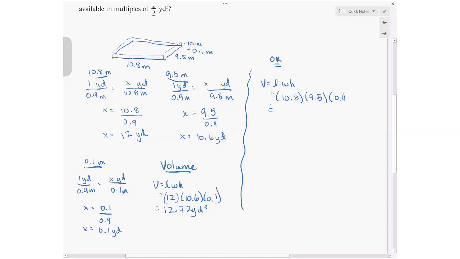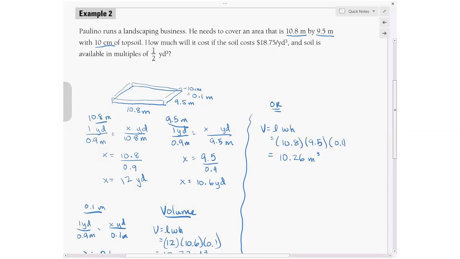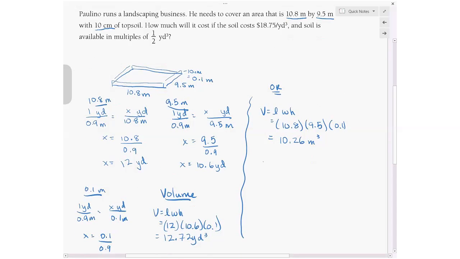So 10.8 times 9.5 times 0.1, that's 10.26. But that's meters cubed, and I need yards cubed because that's how I buy it. I must be buying it from the States, or maybe just a place where they're selling it in only cubic yards.